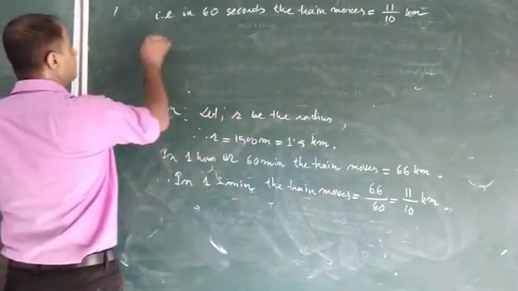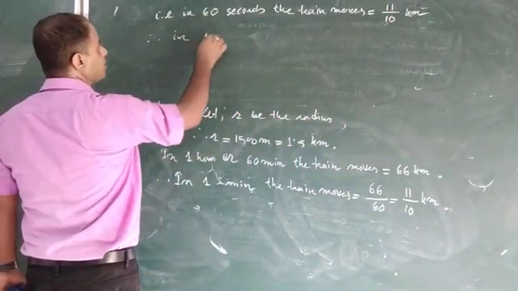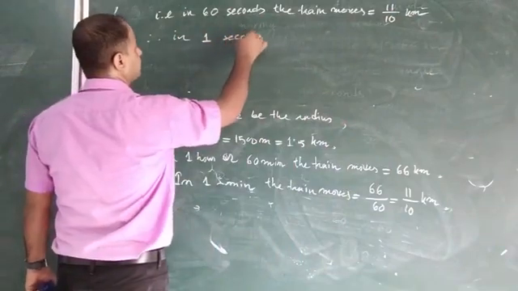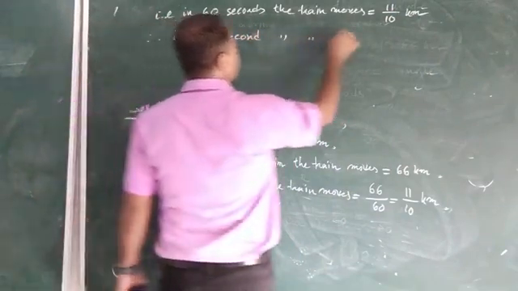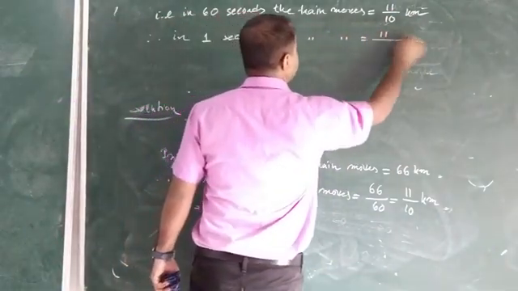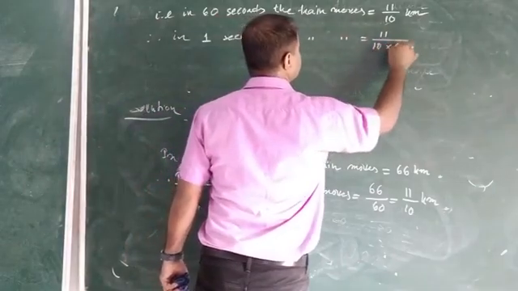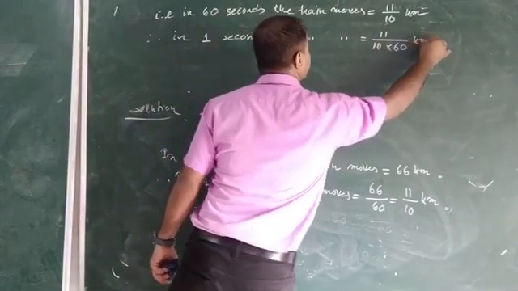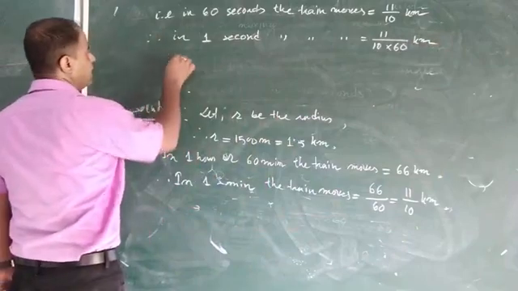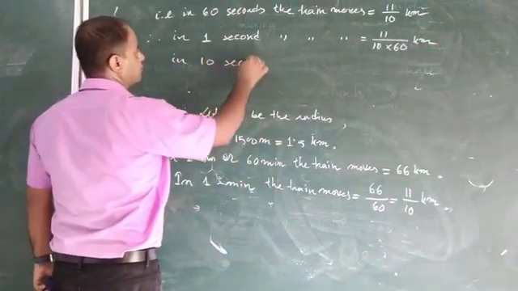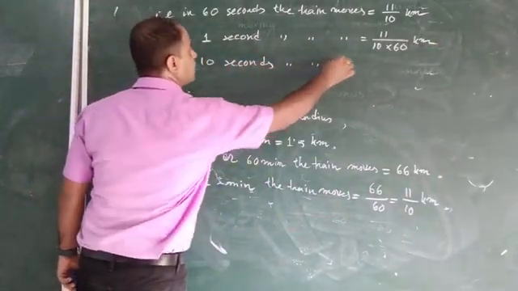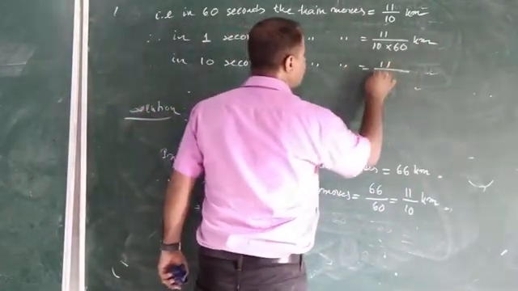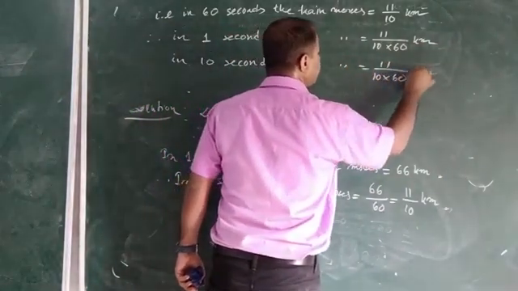Therefore in 1 second the train moved 11 by 10 into 60 km, and in 10 seconds the train moves 11 by 10 into 60 into 10 kilometer.